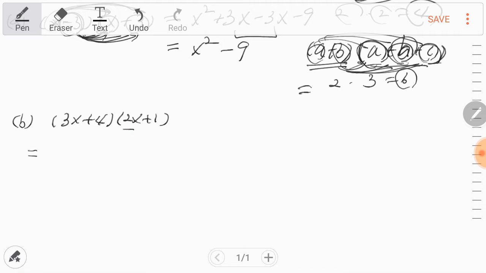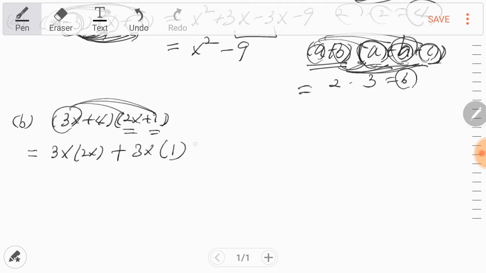Multiply each term in this parenthesis by 3x, like this. So 3x times 2x plus 3x times 1. Now multiply 2x and 1 by 4. So that is 4 times 2x plus 4 times 1.